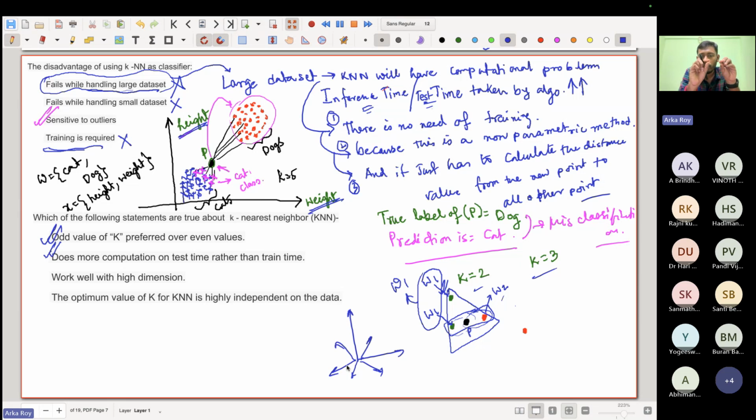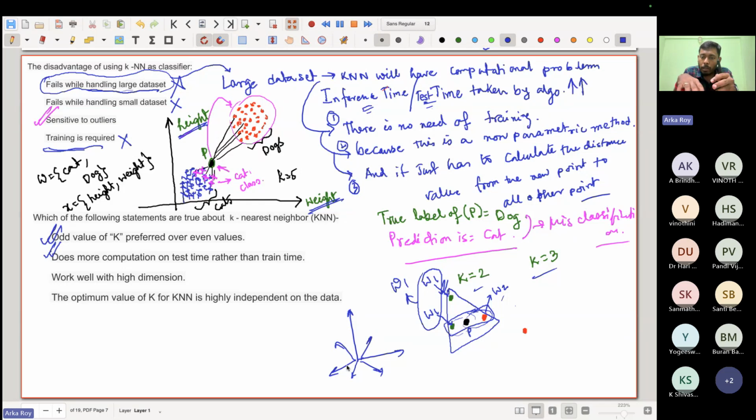Let's say this is the new point. On one side you have another point for class omega 2, and from another side you have a data point for class omega 1. What will happen? You'll calculate the distance from this point to this point, and from this point to this point.